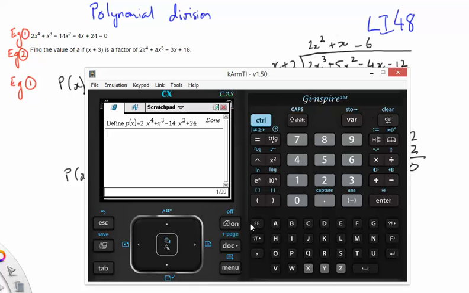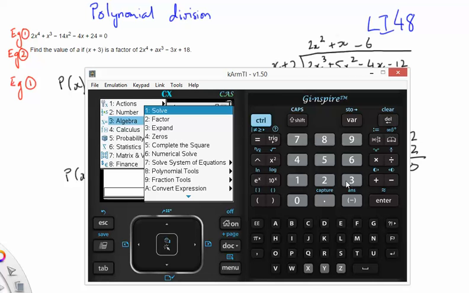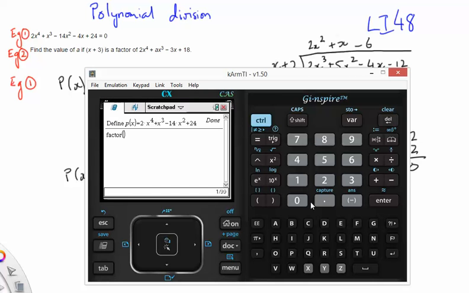What you can do is you can pop over to menu, go down to algebra, and this should factor for you. I don't even think you need to put in a variable. I think it figures out the variable even. No, okay, maybe we need a variable here. Maybe we do need it. I think it's expand where it works without the variable. Okay, that's a bit odd.